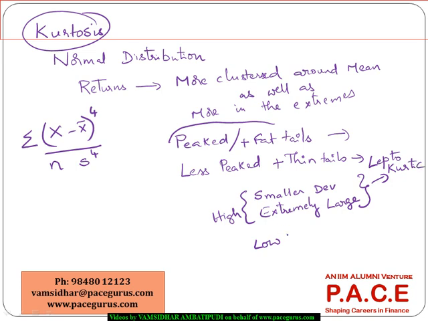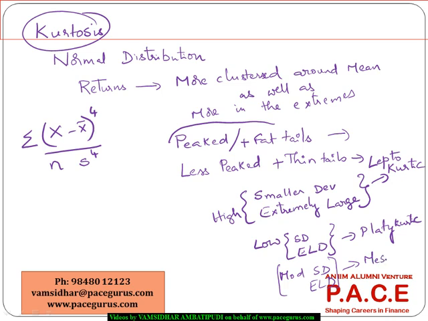Whereas if there are very few smaller deviations as well as very few extremely large deviations, we call them platykurtic distributions. And if they have a moderate number of small deviations as well as extremely large deviations, more or less equal to normal, we call them mesokurtic, wherein the normal distribution falls.